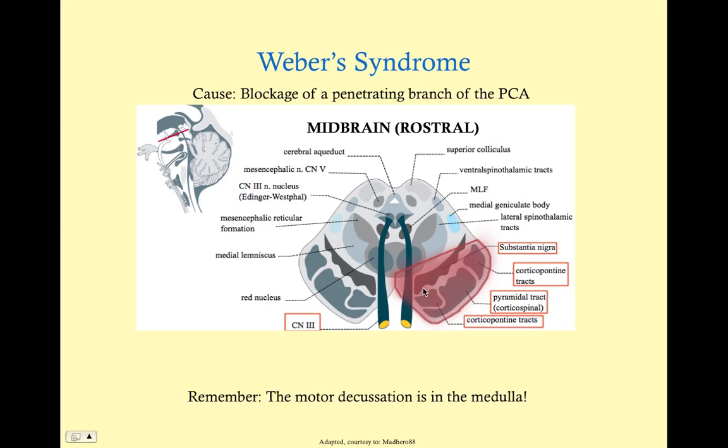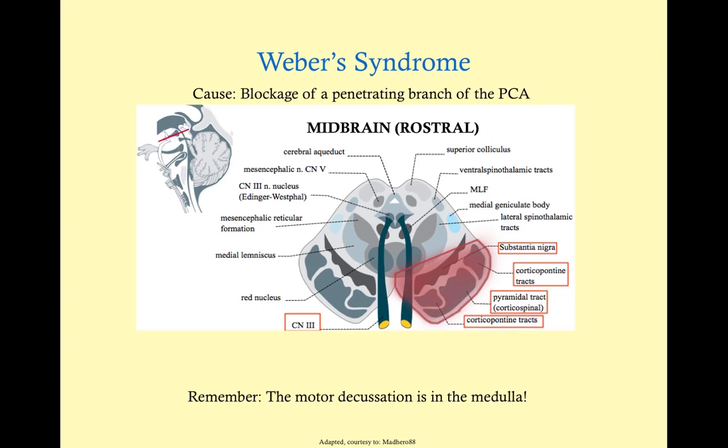The only places that there's involvement are the pyramidal tracts and, to a lesser extent, the substantia nigra, and of course the third cranial nerve. So the two parts that are most important here are the third cranial nerve, which gives us the ophthalmoplegia, and the corticospinal tracts, the pyramidal tract.